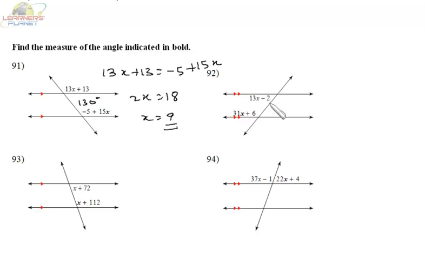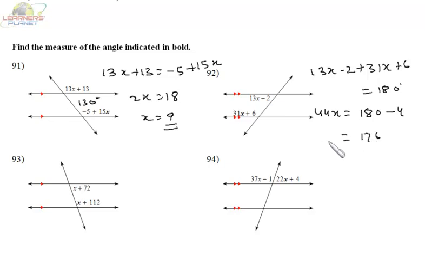Similarly, in this case, both of them are interior angles and their sum will be 180. So just solve it and get the value of x. 31 plus 13, that is 44x is 180 minus 4. So it's 176.